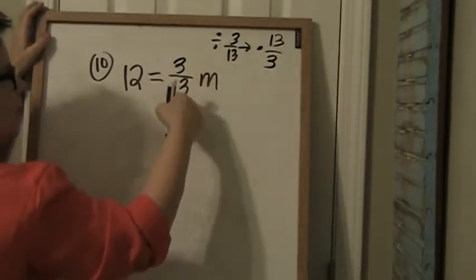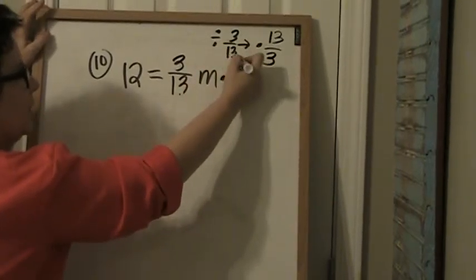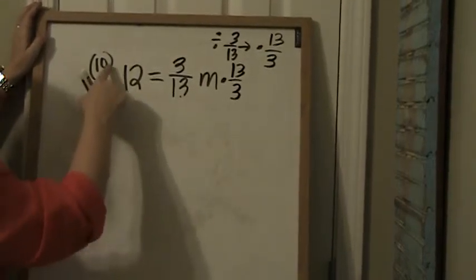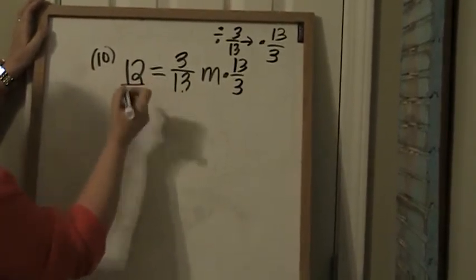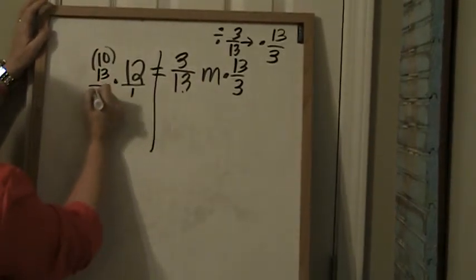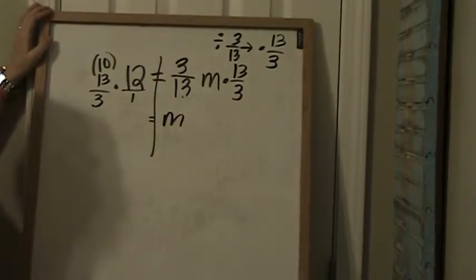Okay, so now I'm going to come down here and to divide, I'm going to multiply by 13 over 3. And then I'm going to do the same thing over here. I'm going to go ahead and make my 12 a 12 over 1, and I'm going to multiply it by 13 over 3. When you multiply fractions, you multiply straight across.